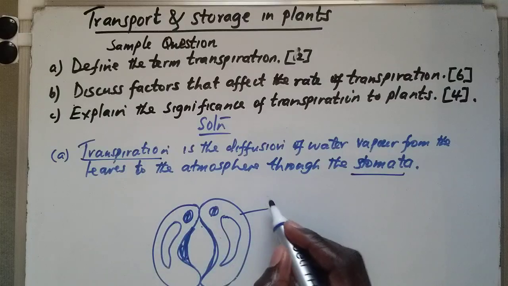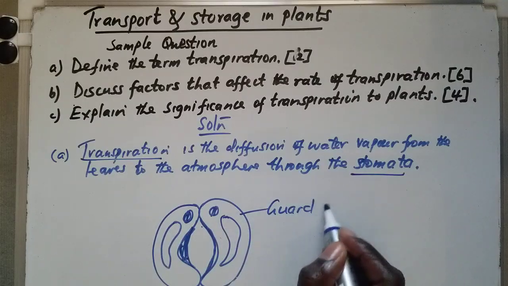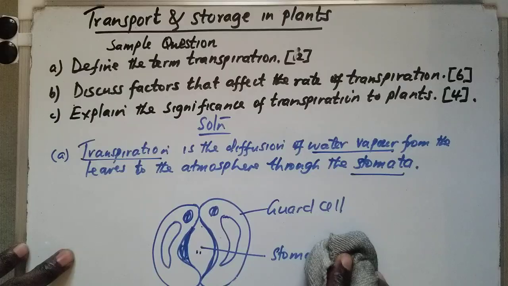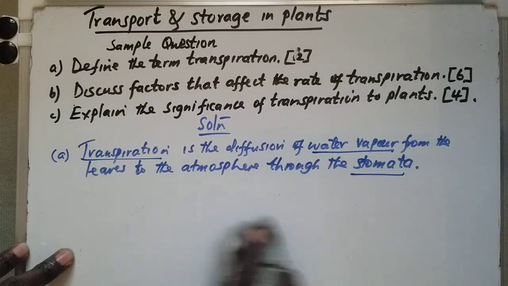So there's a pair of what we call guard cells, and the opening in the middle of the guard cells is what we call the stomata. So when water vapor is lost from the leaves to the atmosphere through the stomata, that is a process that we simply call diffusion. And remember, it is in the form of water vapor, and that's what they wanted you to do in that exam, just to define the term.